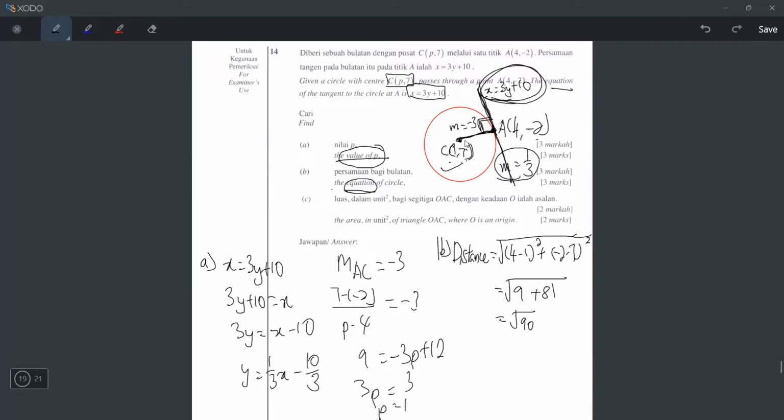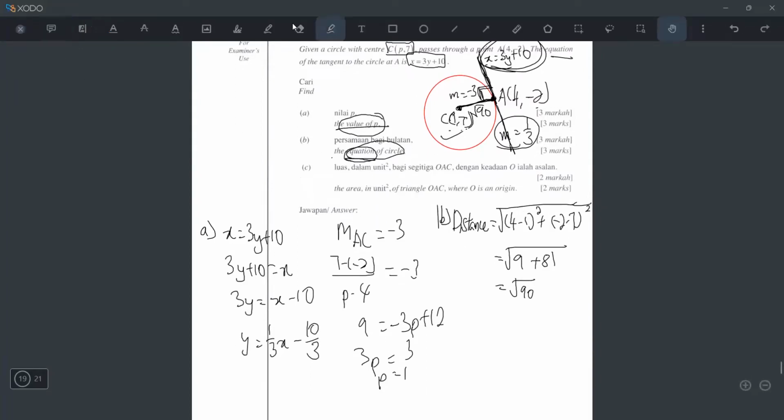And then you know the radius is square root 90. But now you want the equation of the circle. So for the equation of the circle, you will let the point be xy, because that is the point moving around the circle. You can call it point X, or whatever point also can.